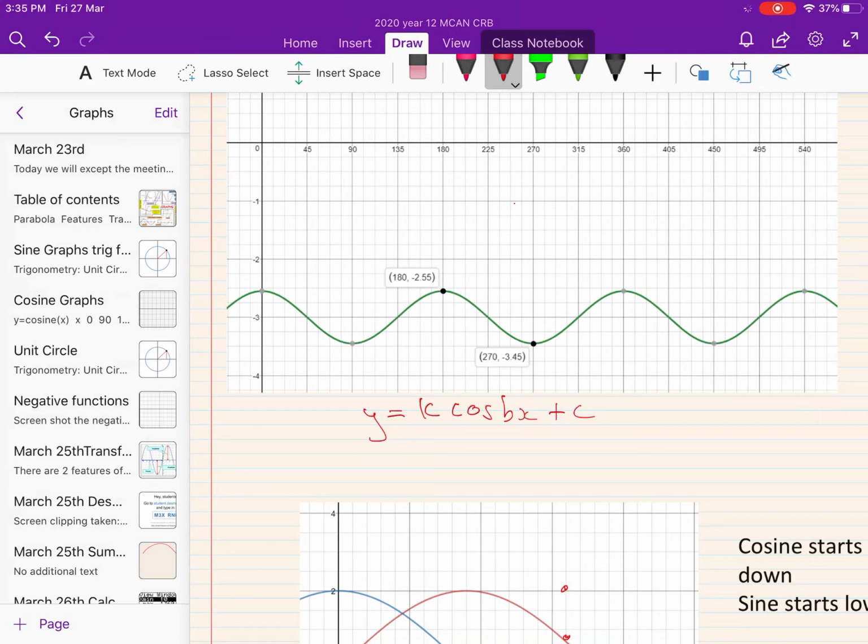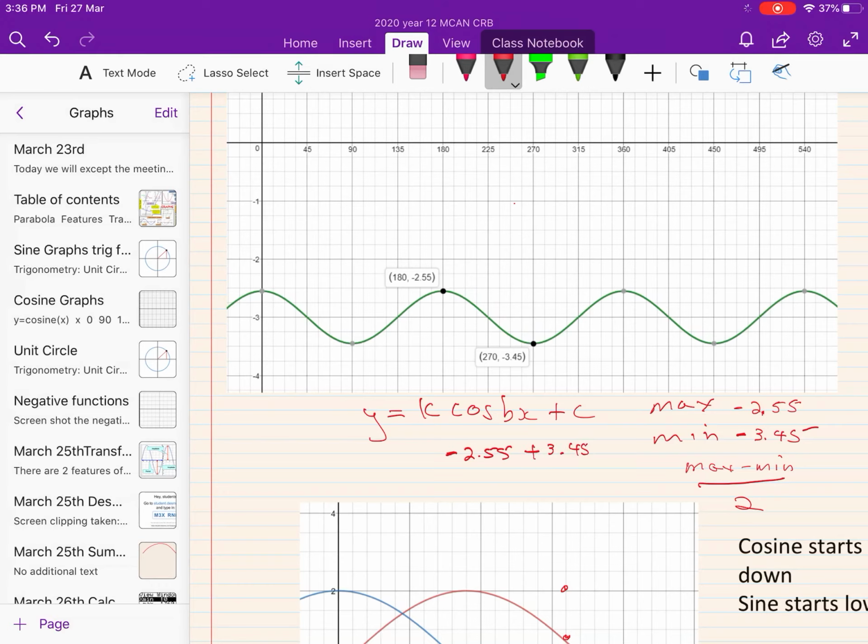So then we got to go searching for max and min points, which are clearly on here as negative. The max point is negative 2.55, and the min is negative 3.45. And then if we do our max minus our min, we're going to divide it by 2. We have negative 2.55 minus, well, plus 3.45, right?